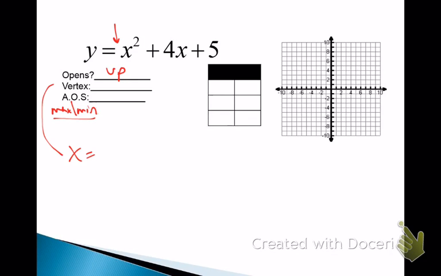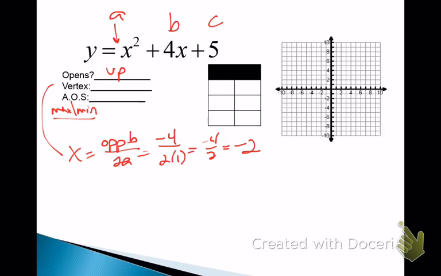And I have that formula to use, opposite b over 2a. This is b, this is a, this is c. The b is 4, so opposite of 4 is negative 4. 2 times a, and the a is 1, gets us negative 4 over 2, or negative 2. So the vertex is going to be at negative 2 comma something.